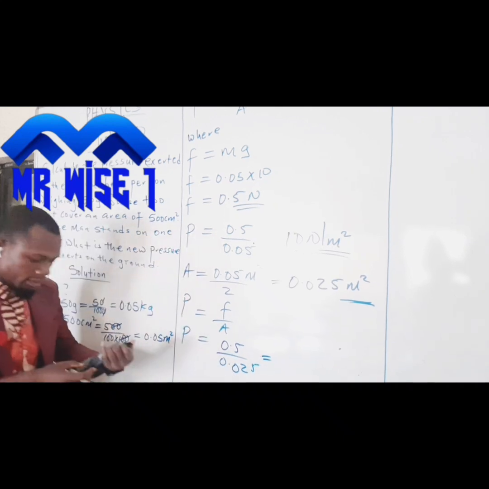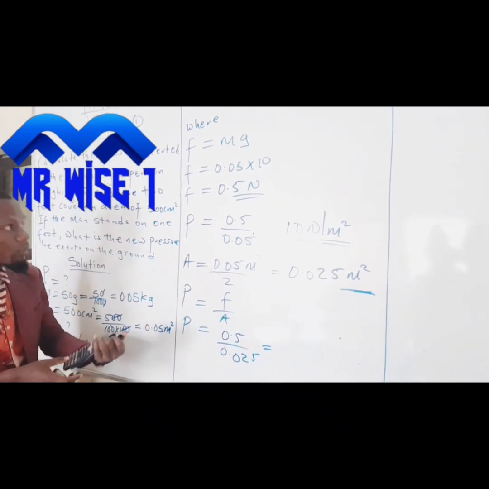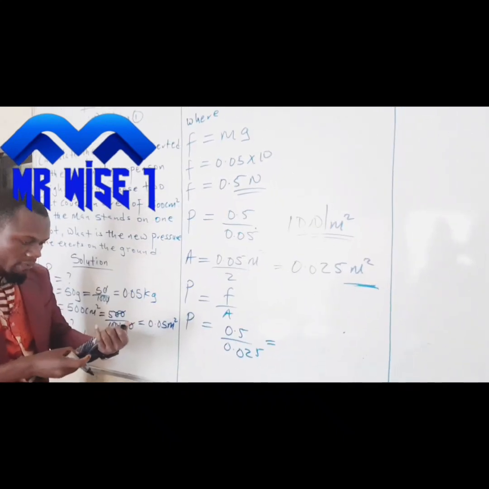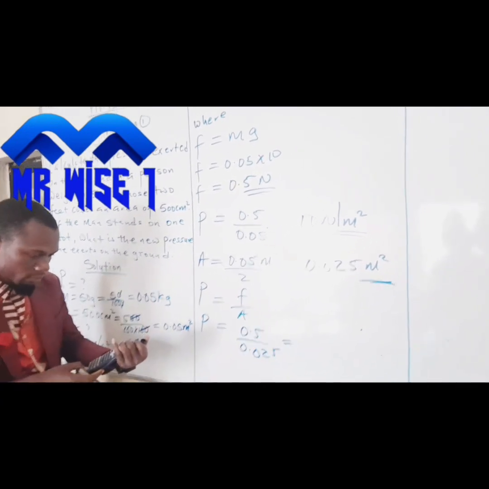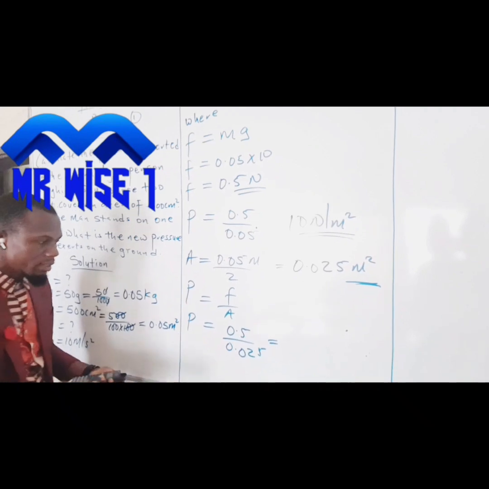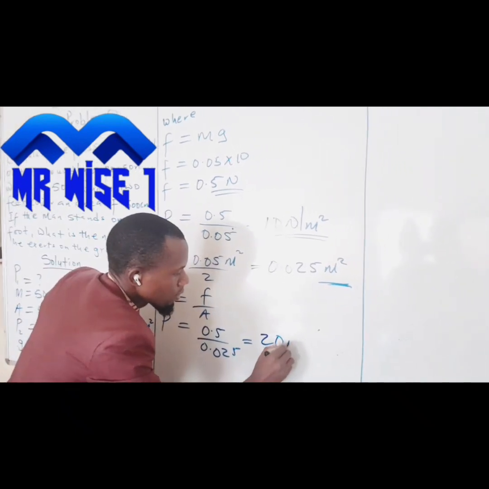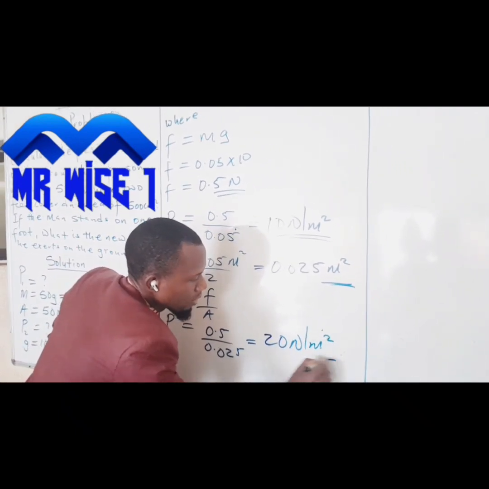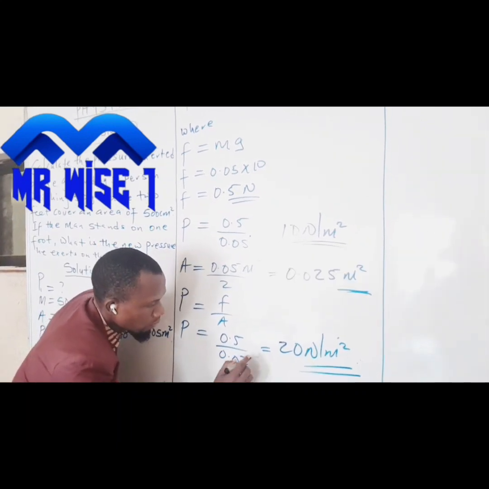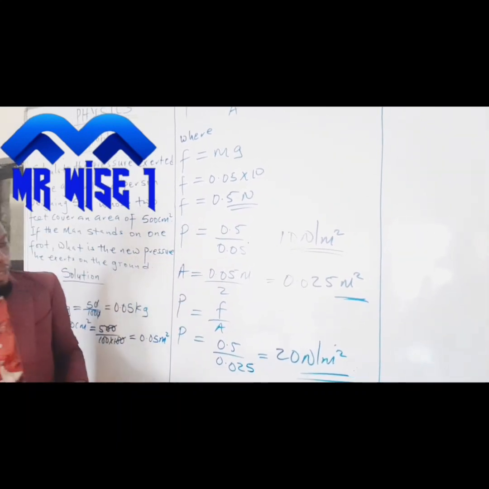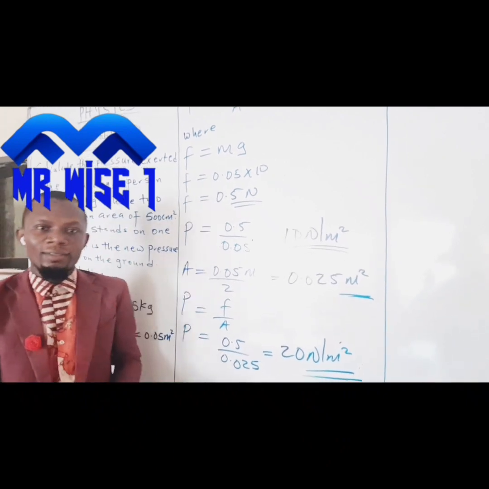So what will I get? 0.5, which is my force, divided by 0.025, I have 20 Newton per meter square. So my new pressure that we were told to find is 20 Newton per meter square.